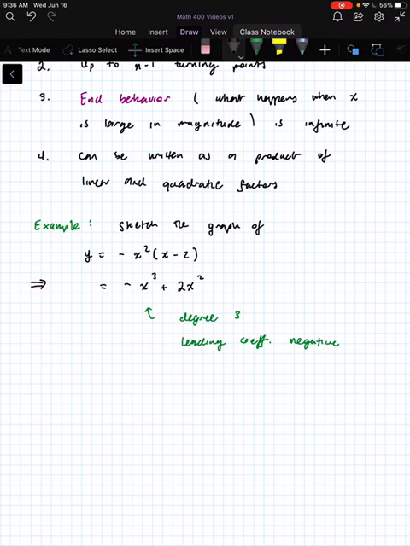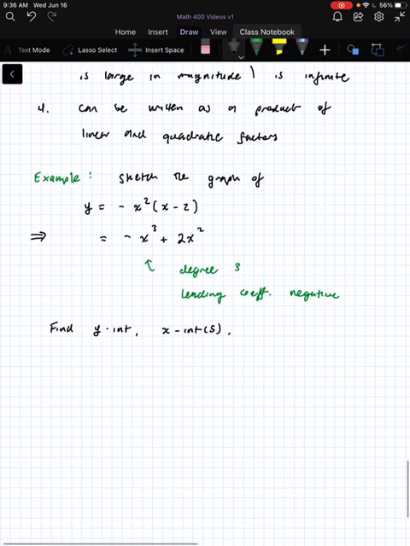Okay, so how do we actually sketch this graph? What we can do is find a few important points. We can find the y-intercept and the x-intercepts. It's possible there's more than one. So first of all, the y-intercept.